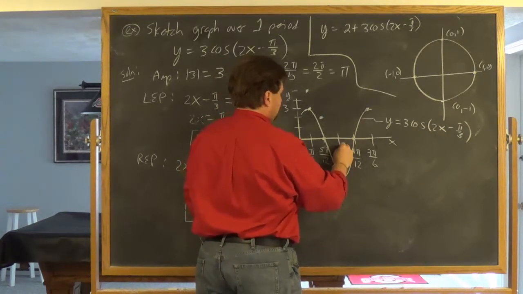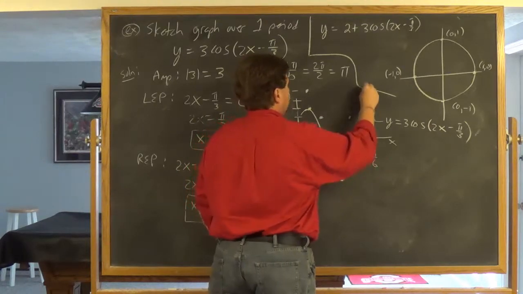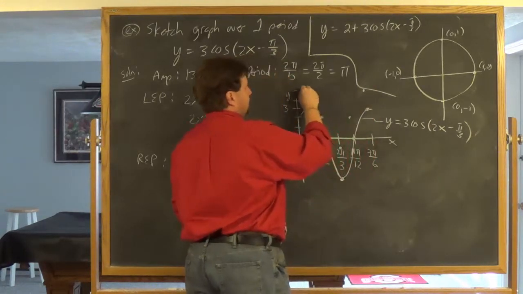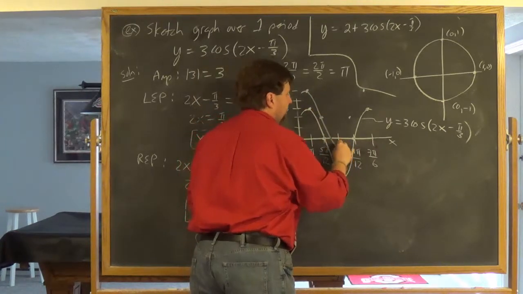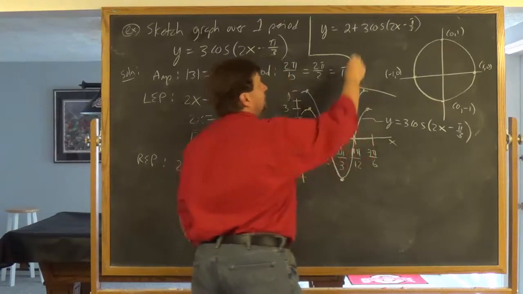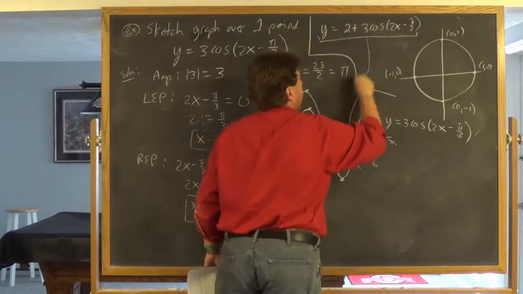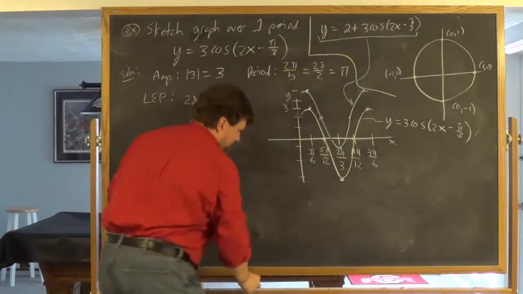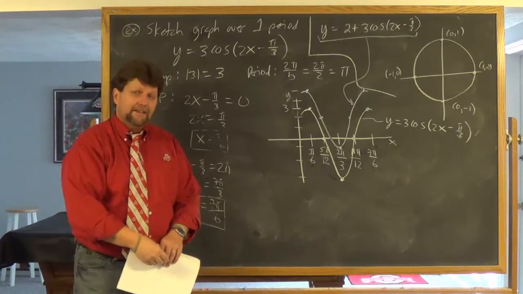This would come up to a y value of negative 1, y value of 2, y value of 5. So if you just shift the 5 key points, that gives you the graph.